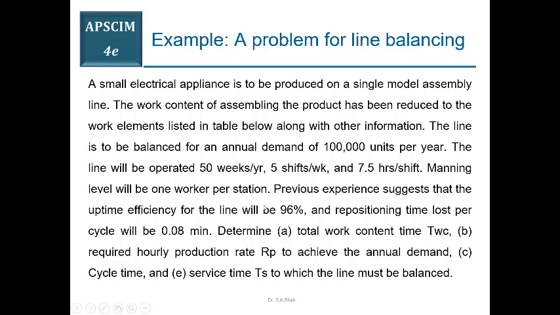So first you will find the theoretical cycle time, that will be TC, और उससे फिर आपने ये repositioning time subtract करके आपके पास जो एक्चुअल अवेलेबल टाइम सिस्टम में आपको मिलेगा वो आपका TS आ जाएगा, स्टेशन टाइम या सर्विस टाइम.